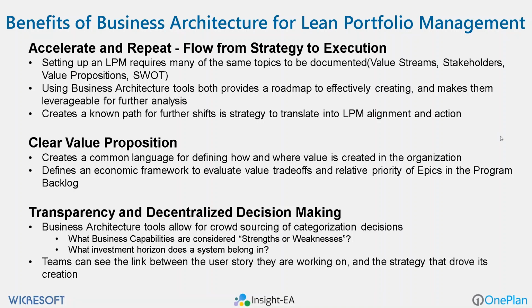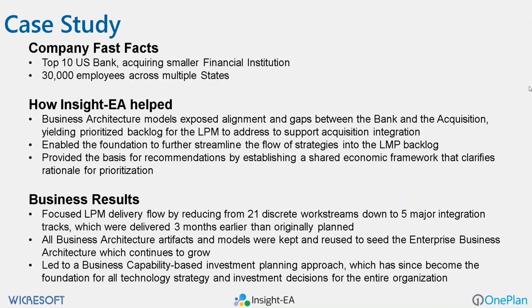So let's look at a case study. Vernon showed you some of the examples, and it comes from one of our case studies at Fios, and that is a top 10 U.S. bank acquiring some smaller financial institutions, with a total of around 30,000 employees involved in multiple states.